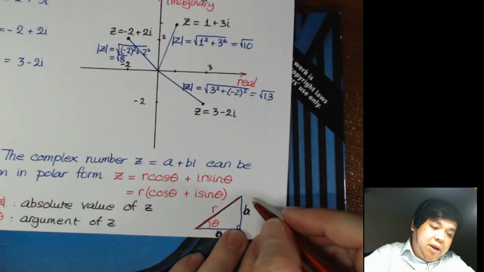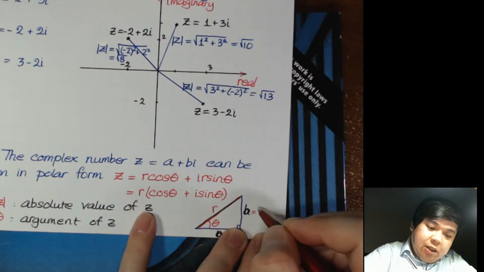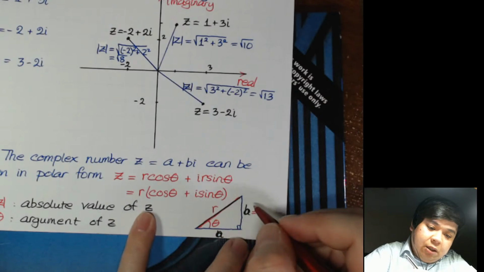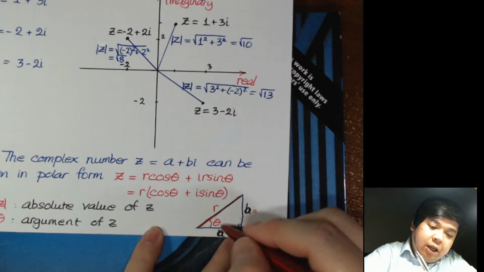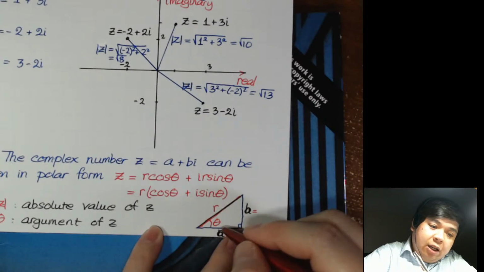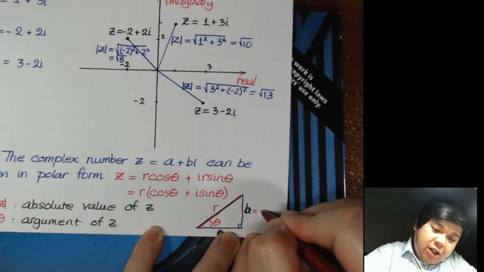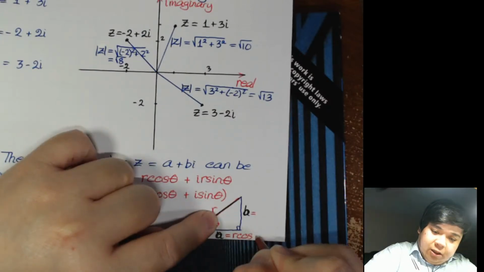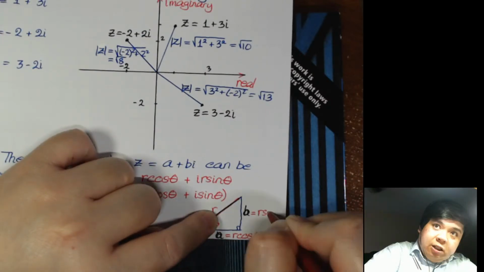And a is r cosine theta, and b is r sine theta.